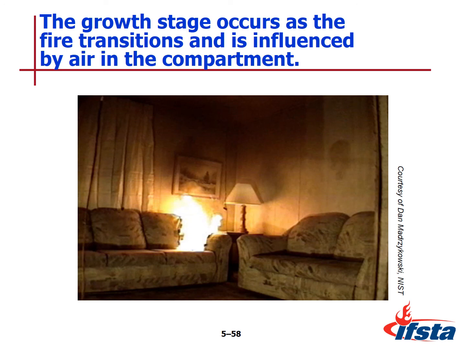The location of the fire when the growth stage occurs has an influence on it as well. So if it starts in the middle of the room, it's going to get air and fuel from all sides. If it starts on the wall, now it's just from 3 sides, and if it starts in the corner, it's only going to be entrained from 2 sides.